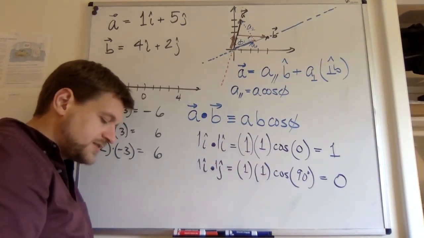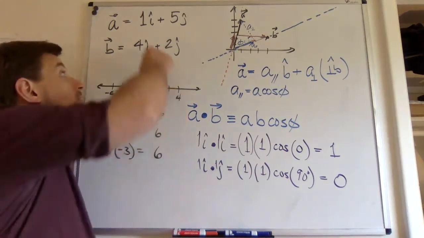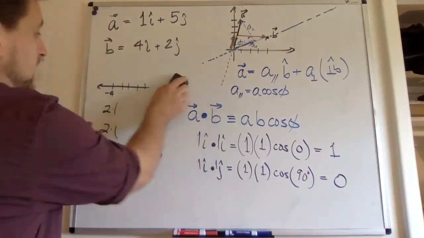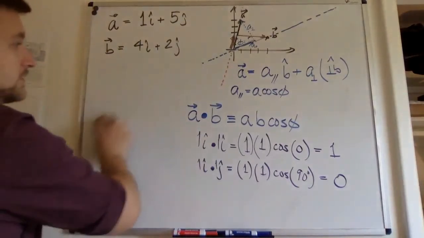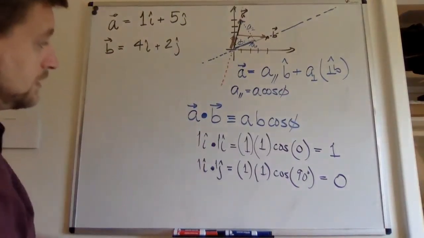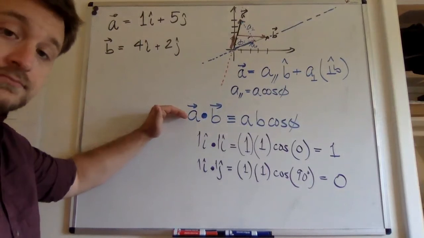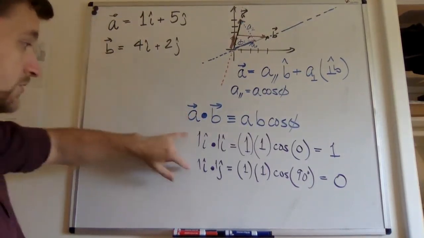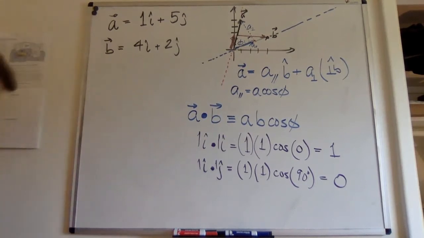So that allows us to write the scalar multiplication of A and B two different ways. This way, and component-wise. Let's see what we're doing here.